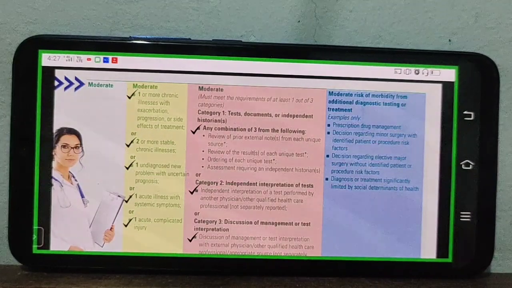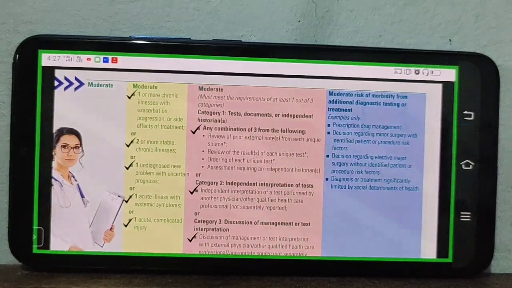From those 4 points, we need any. Same as before, for each unique source we get 1 point. So review the prior external note, review the test result, ordering each unique test, and assessment taken from the independent historian, each will get 1 point.